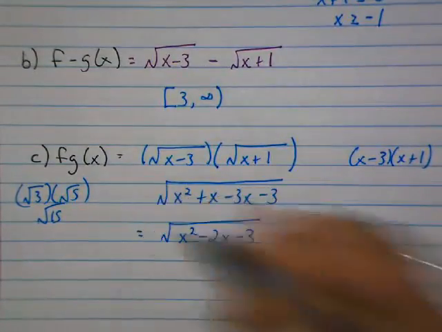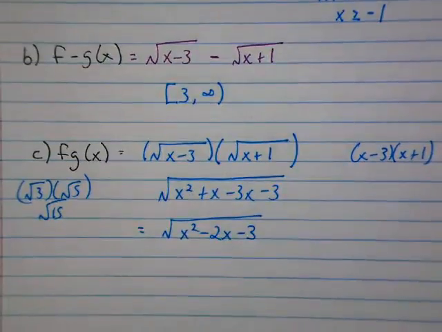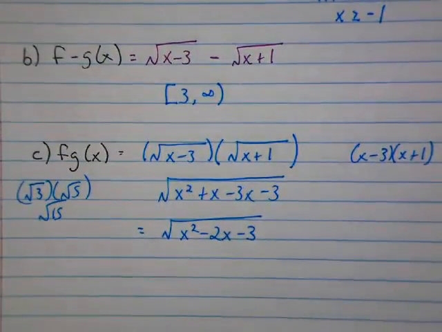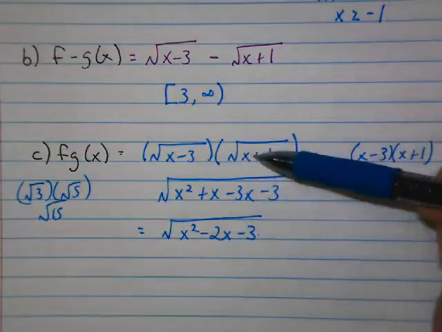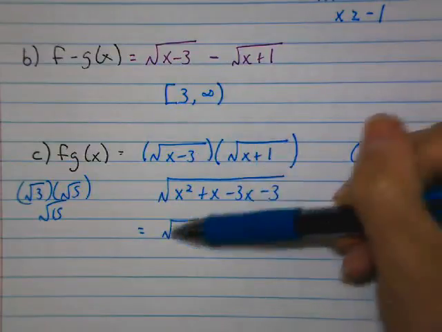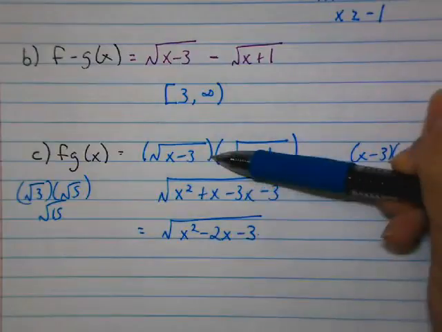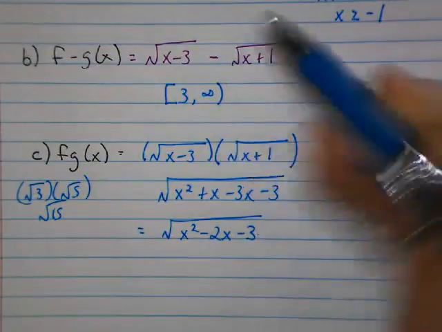Alright, but again, this has a radical, so this has to be greater than or equal to 0. Again, these have not changed. They're products, right? If I factor this, wouldn't it take me right back to here? So again, my domain is still 3 to infinity.